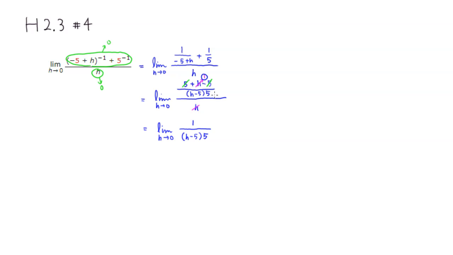Then h is going to 0, so h is basically going to disappear. So you're going to get 1 over negative 5 times 5, which is negative 25. I'm going to put the negative sign in front of the fraction, and then you have a 25 on the bottom.